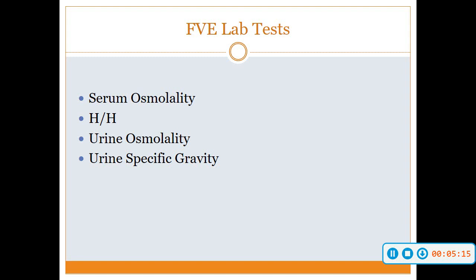Urine osmolality. Okay, that reflects the urine contents. It's a little bit more accurate than urine specific gravity. Okay, so a normal hydrated person's urine osmolality is 300 to 1300.